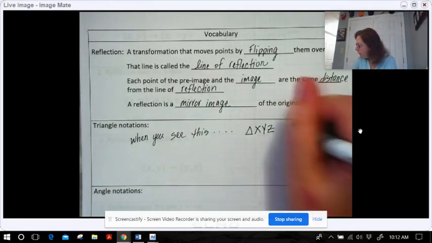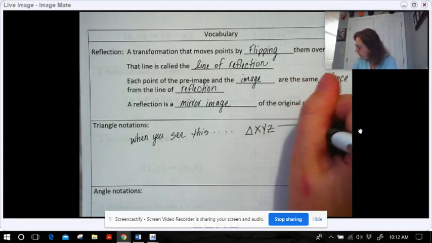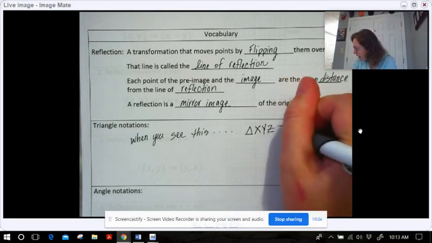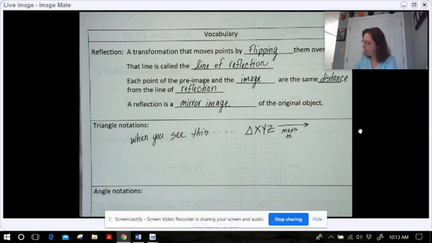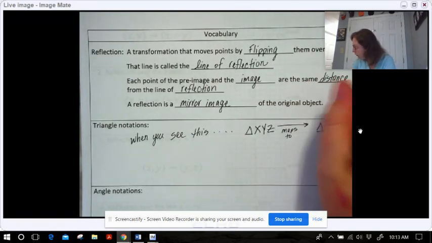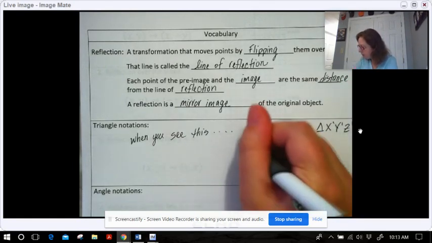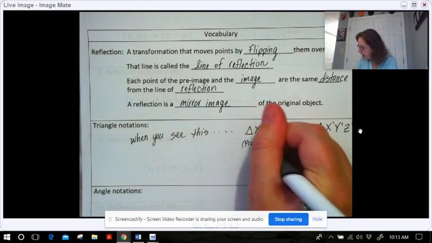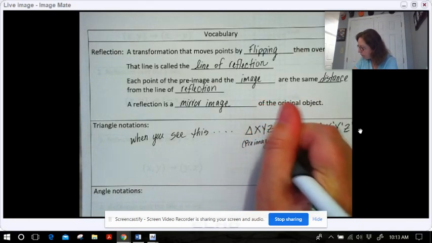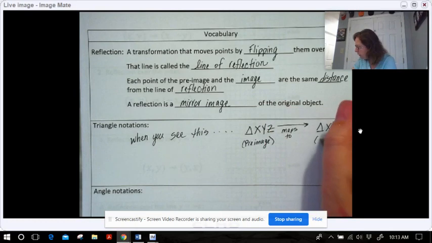And we use an arrow again to show that this maps to triangle X prime, Y prime, Z prime. Remember, this is the pre-image. This would be the image.